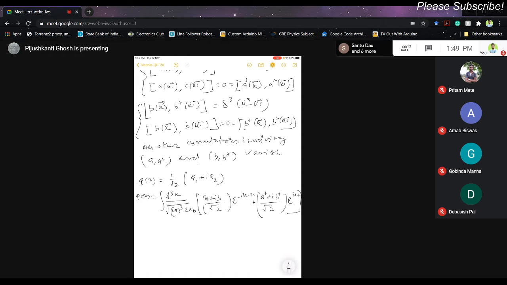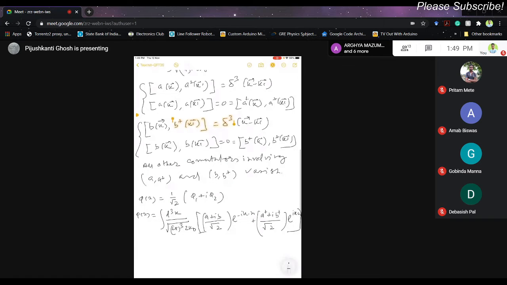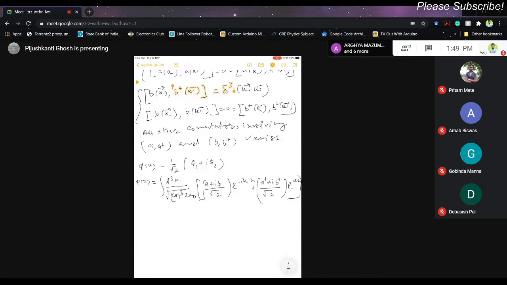Simply this, in order to save space and not to make it a clumsy expression, I have not written the arguments of a and b, but in general, as you can see here, a and b are functions of k. Okay, so a_k plus i b_k by root over 2, a dagger by root over 2. Is it obvious?